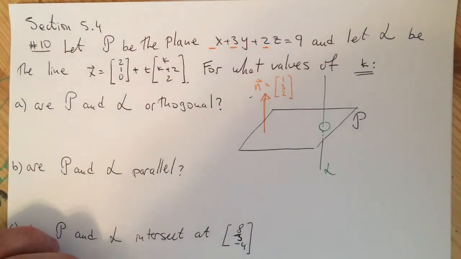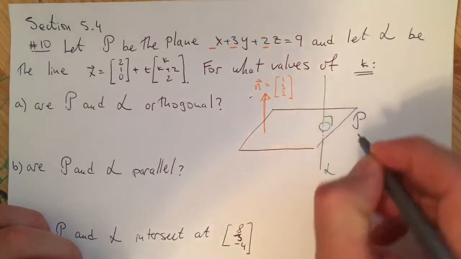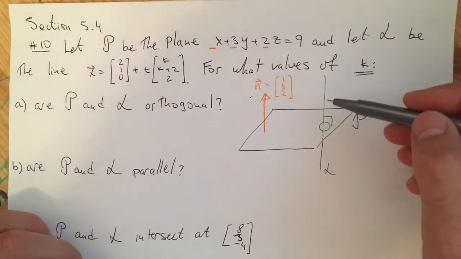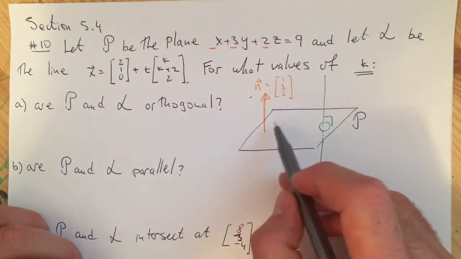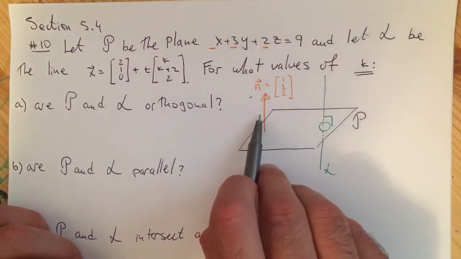Well, if the line intersects the plane and makes 90 degrees with the plane, the normal vector also makes 90 degrees with the plane. That means that these two are parallel.